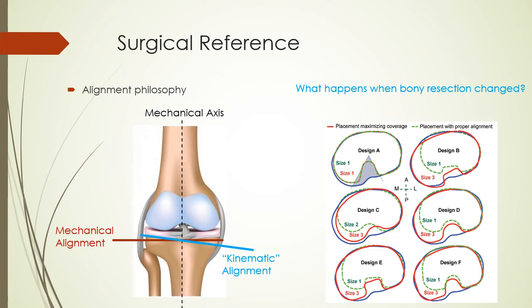And because almost all the implant systems in the market right now are designed based on mechanical alignment resection, then with the kinematic alignment resection, we may expect anatomic fit being altered, not the same as in the mechanical alignment scenario.